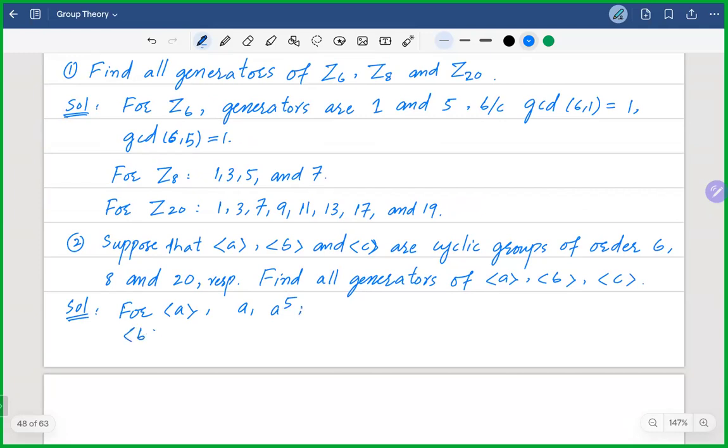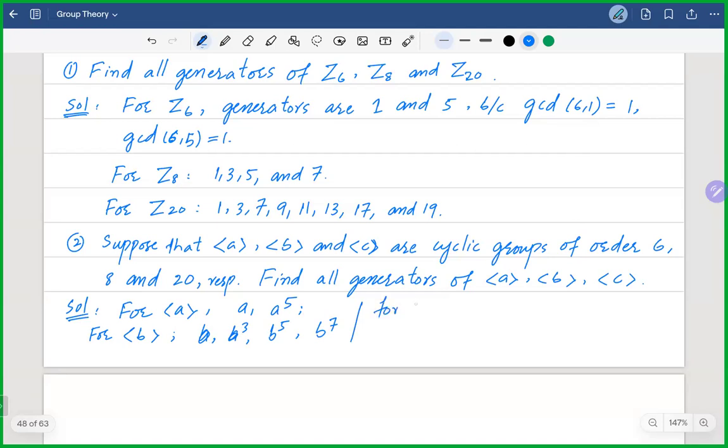For B, we have what? For Z8, what we had? 1, 3, 5, and 7. So we have B, B cube, B power 5, and B power 7.